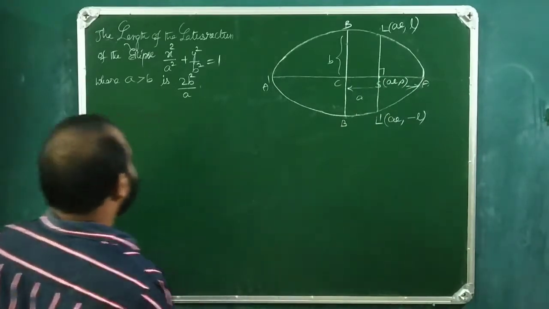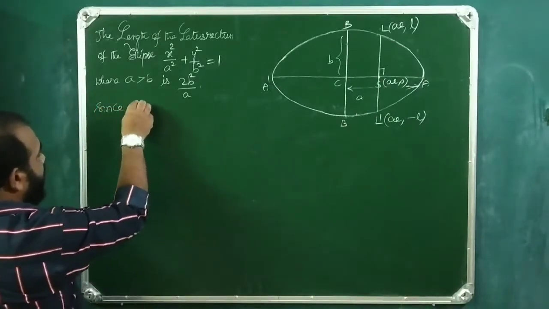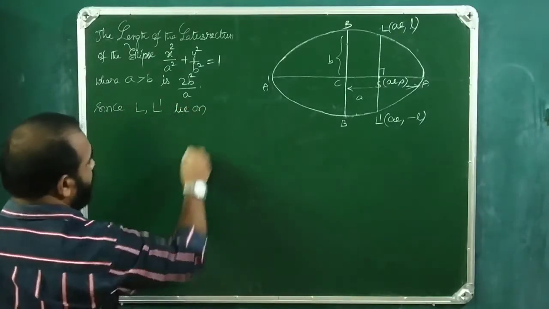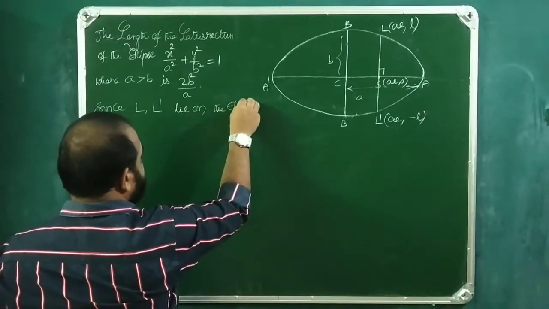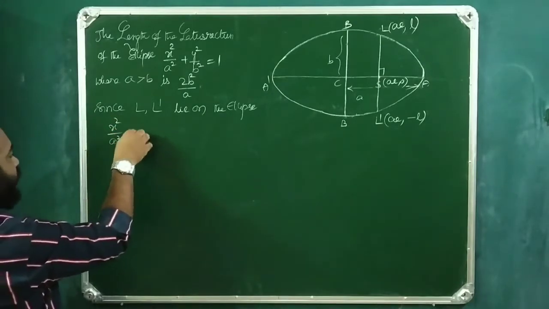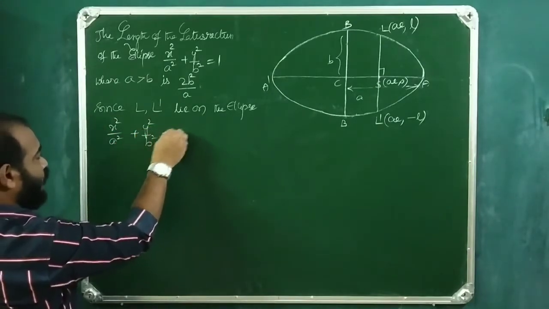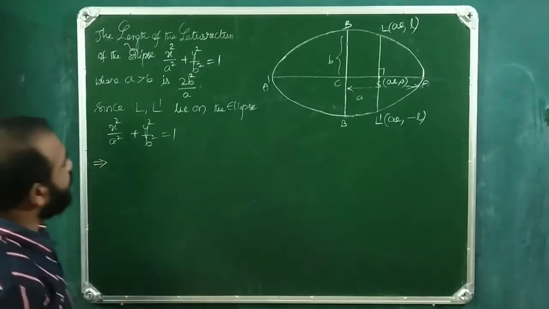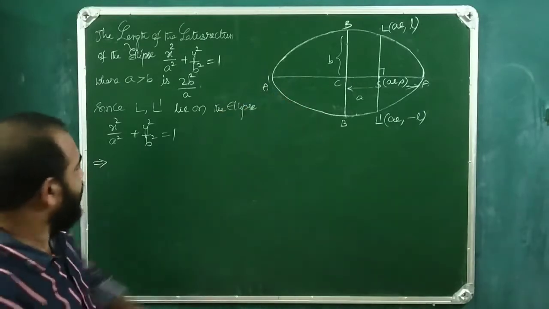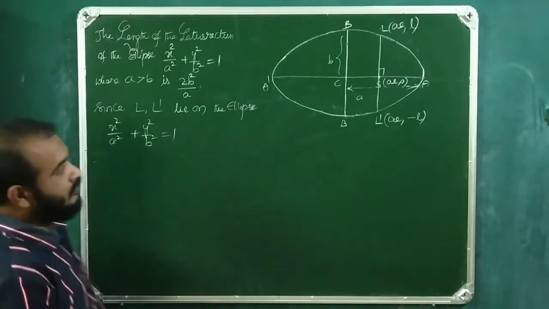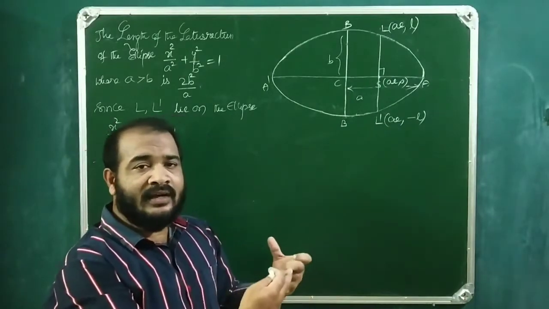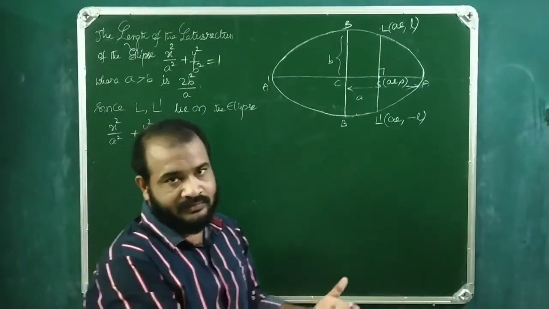So now, since L comma L dash lie on the ellipse x square by a square plus y square by b square equals 1, they must satisfy the equation of the ellipse.